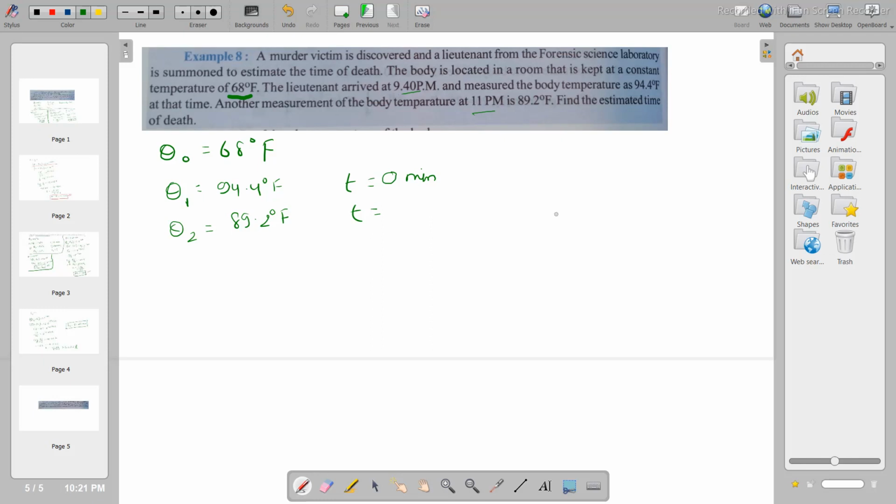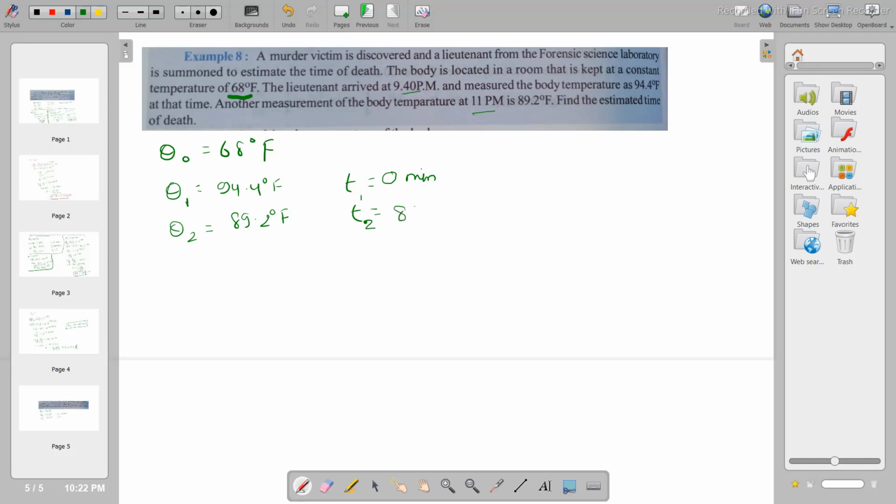It is a difference of 120 minutes. Sorry, my bad, it's 80 minutes. So the t2 will be 80.